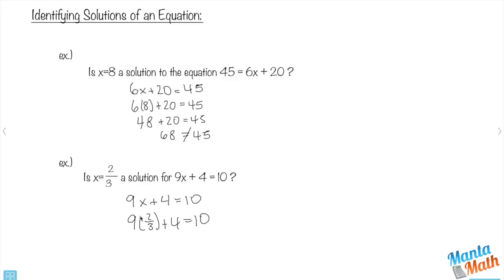So what we can do here is multiply the 9 by our numerator. 9 times 2 is 18 over 3, plus 4 equals 10. 18 divided by 3 can be simplified to 6, plus 4 equals 10, and 6 plus 4 is 10, and 10 always equals 10, so we can say that x equals 2/3 is a solution for 9x plus 4 equals 10.